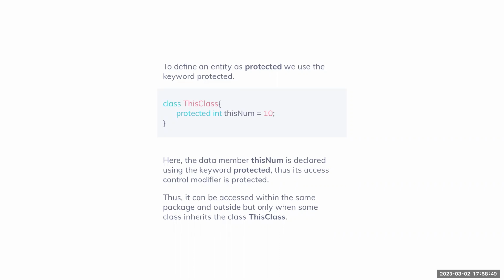This can be accessed within the same package and outside, but only when someone inherits this class into the target class. So inheritance is mandatory whenever you want to use a protected variable outside the package.